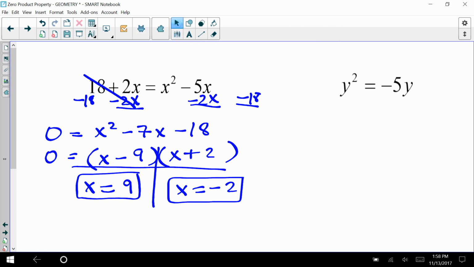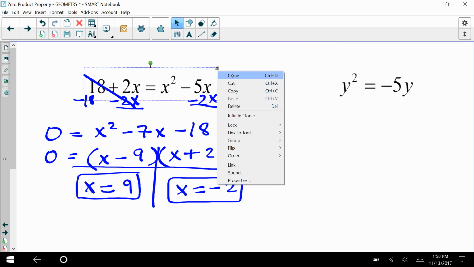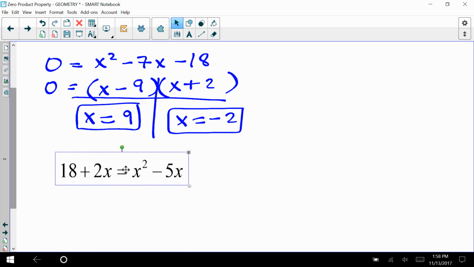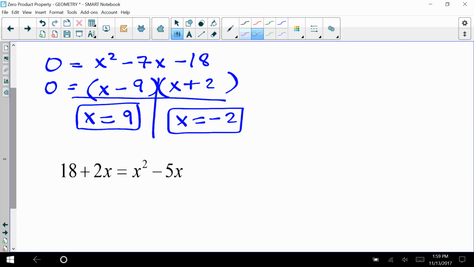And you could have rearranged it differently, and if you did that, I just want to show you what that looks like. Because some of us may want to do this as their first step and subtract x squared over to the other side and add 5x, which is fine. You can do that.